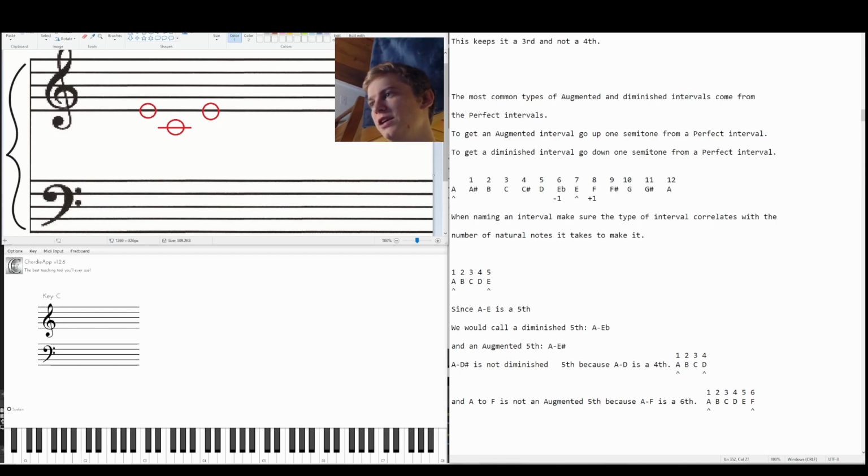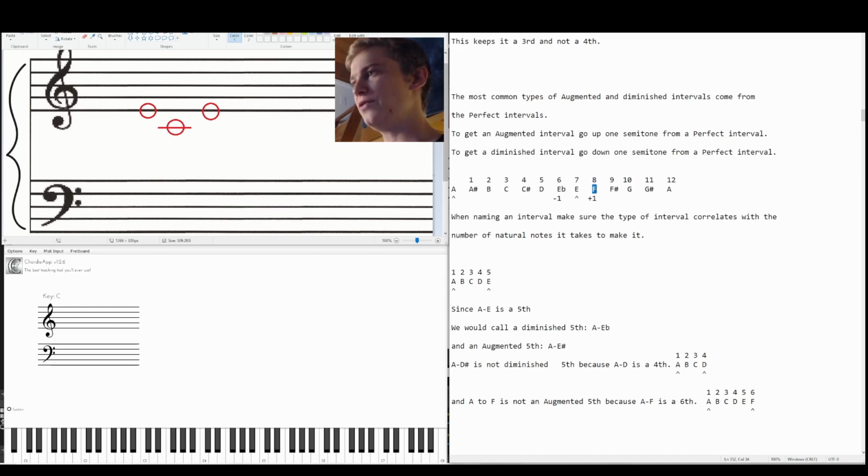We can now call it E flat, because that's one semitone down from our E. So we have A to E flat, we now have a diminished fifth. Furthermore, if we go up from E and we land on F, we can't land on an F and still call it a fifth. Because if you count up one from our E, now we have a sixth.